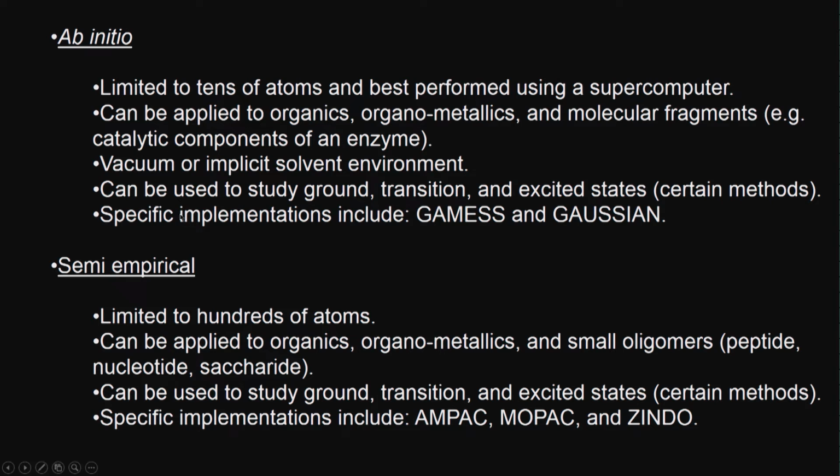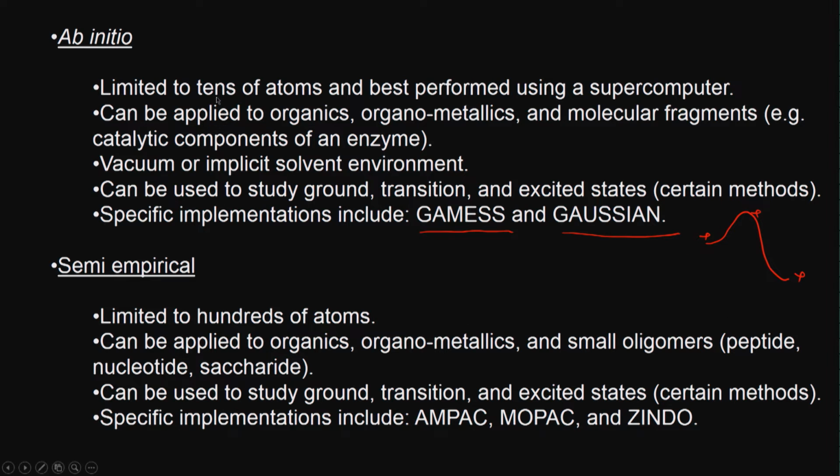There are software packages called GAMESS and Gaussian. All these names you will come across if you are interested in ab initio methods. If I want to calculate energies at these various states, we can do so very accurately using ab initio methods.